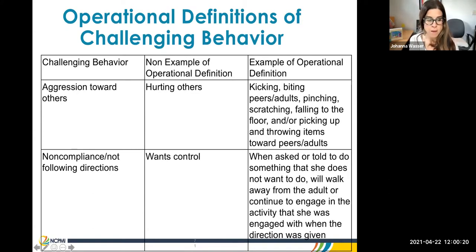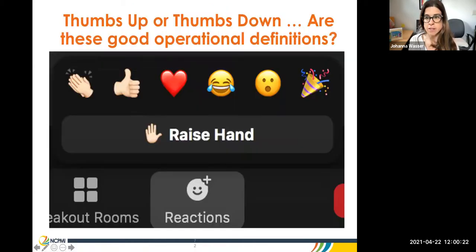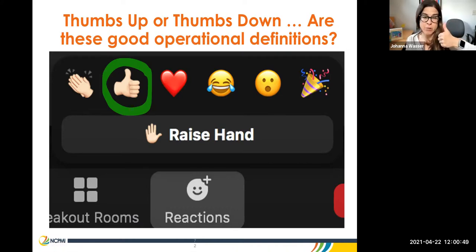Okay, so let's have a little fun with this, with our reactions. We all have little reaction tools with our Zoom, that's our little toolbar. When you hear and see one that is a thumbs up, an operational definition that's a thumbs up, you could put your little thumbs up marker.